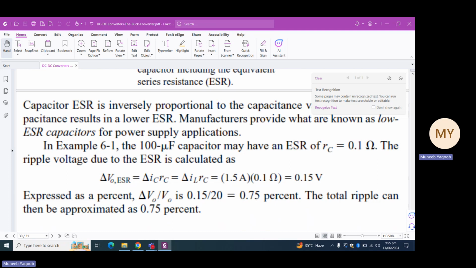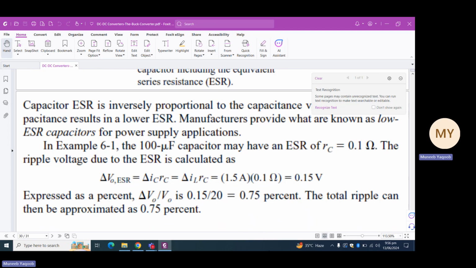If you recall, the previous percentage ripple was less than 0.5%. But when we calculated this ESR ripple, it is alone greater than that entire percentage ripple.